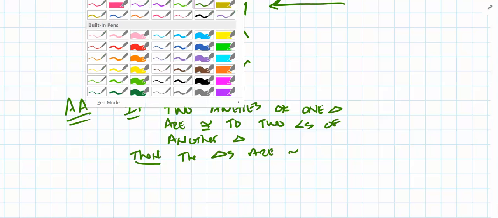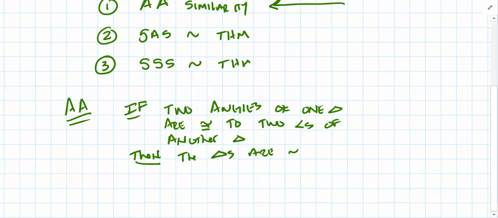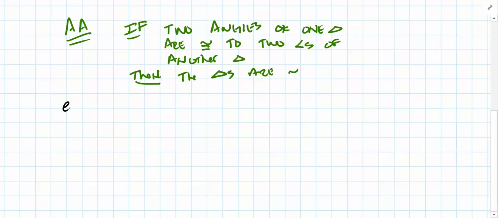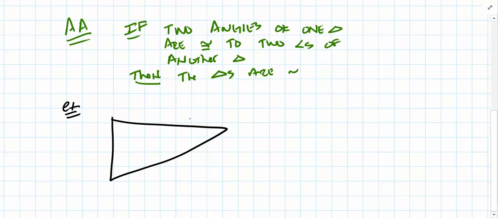I'm going to give you a picture of it, an example. So let's say I've got this picture going on here, and I've got this picture going on here. And this is 74 degrees, and this is 71 degrees, and this is 74 degrees, and this is 71 degrees.